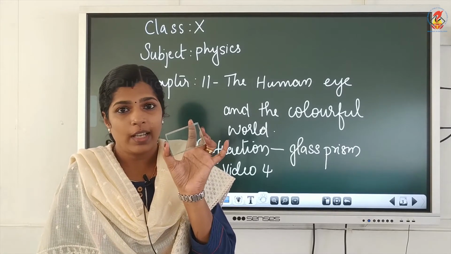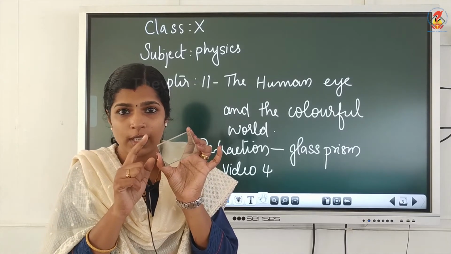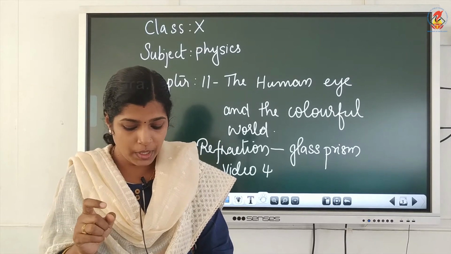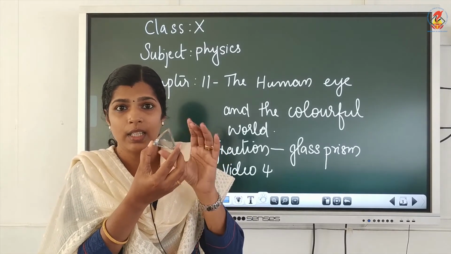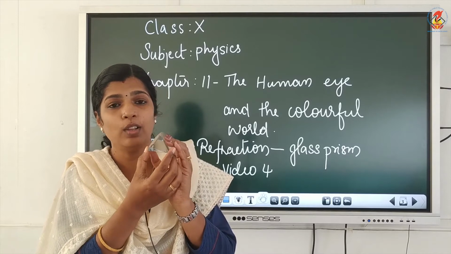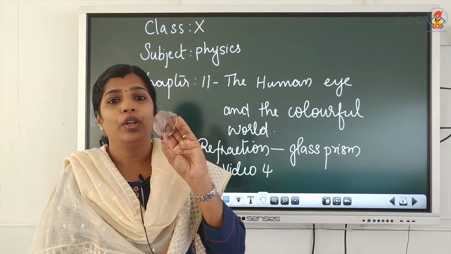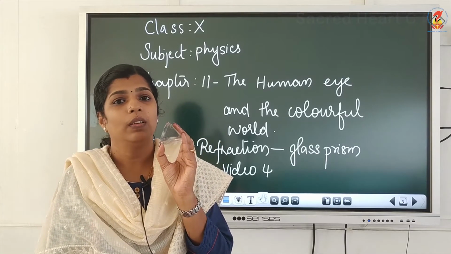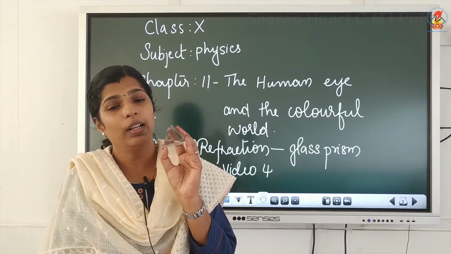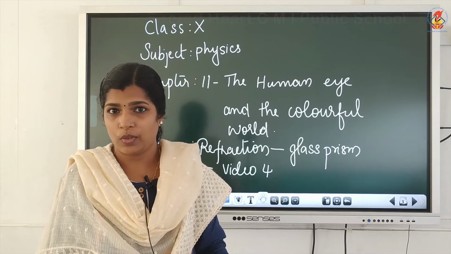That is known as lateral shift or lateral displacement in the case of a glass slab. Now, this one is a glass prism, a triangular glass prism. How refraction of light takes place through this triangular glass prism, we will discuss in this video.